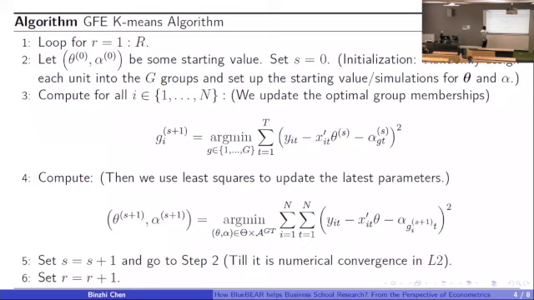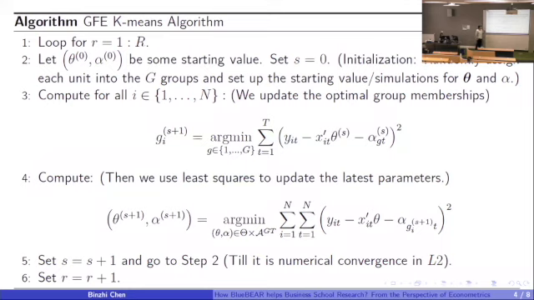The next step is that we need to update the optimal group memberships by least squares here. And the next step is that we use least squares to update the latest parameters theta and alpha. So you continue this iterative scheme till numerical convergence.